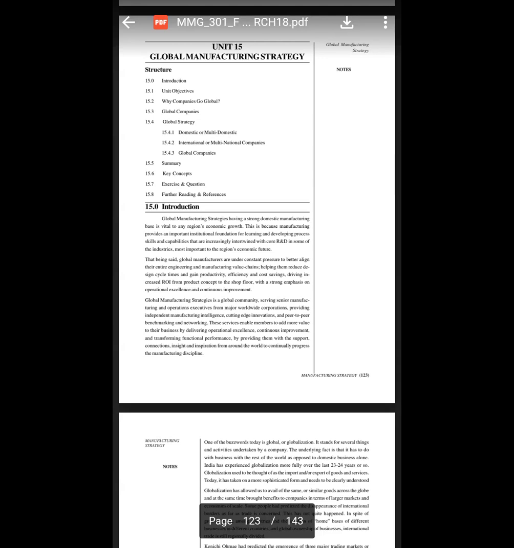In some of the industries most important to the region's economic future, definitely globalization helps a lot for economic development, right? It is a pillar of the growth and development of our country, because with the help of globalization we are able to sustain in the international market as well. Globalization plays an important role in each and every field.